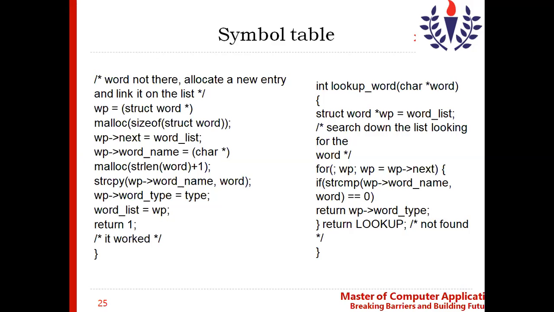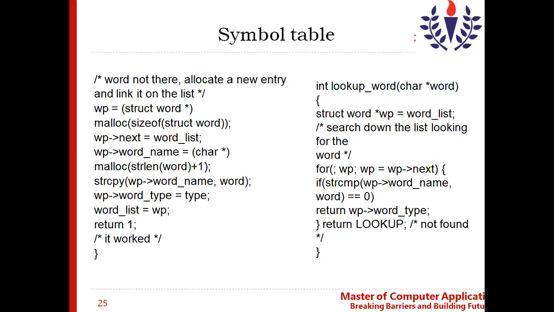So we keep comparing the word we pass to the lookup word function with what exists in the node. The word we pass in is compared with WP word name, which is the word from the node. When you compare the strings, if the result is equal to 0, then you have matched the word in the node, so you will come to know the type of the word.